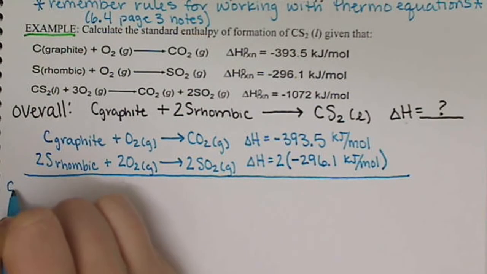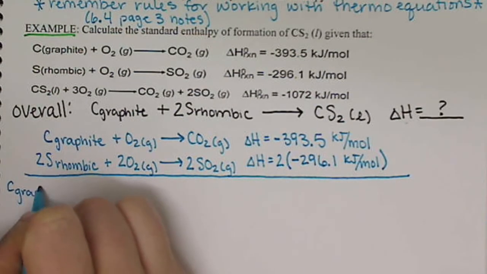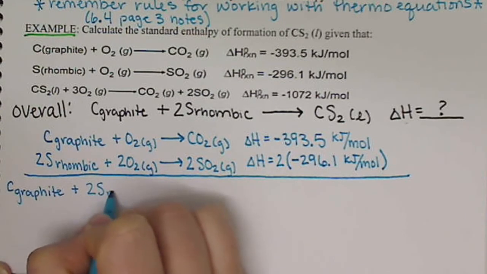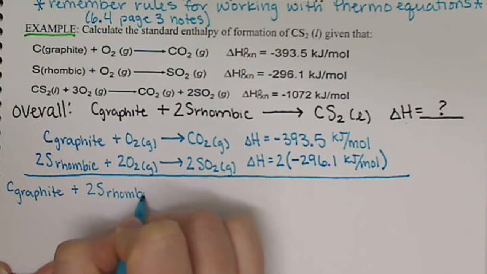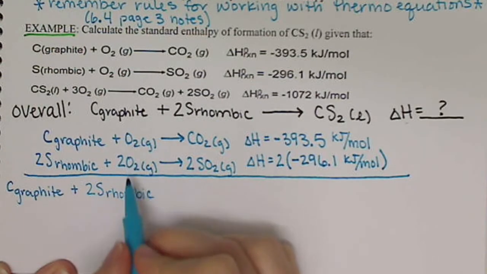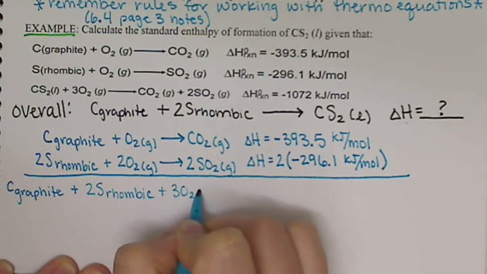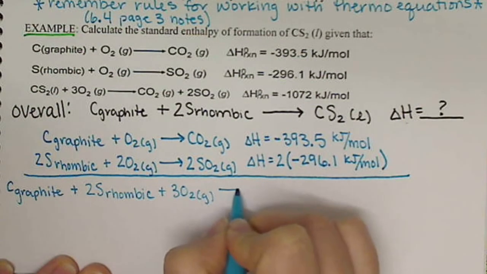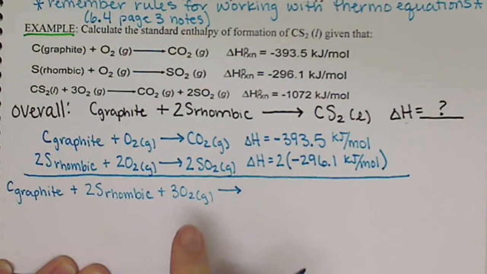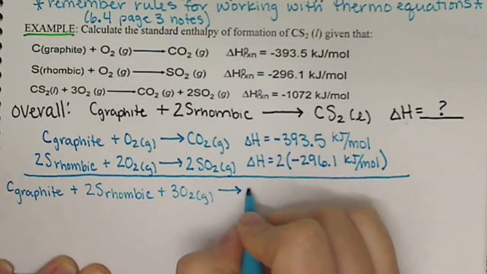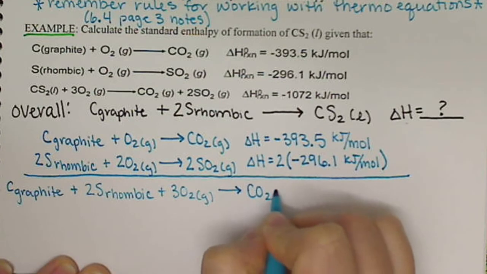So I have C graphite plus 2 sulfur rhombic, and I have 3 oxygens total. In my products, I have carbon dioxide and 2 sulfur dioxides.